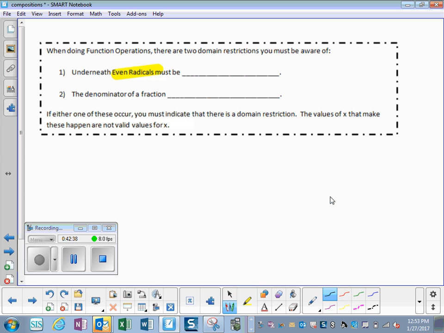So only for even radicals, what's underneath must be non-negative. Positive or 0. 0 is fine. So greater than or equal to 0. And the denominator of a fraction cannot be 0.